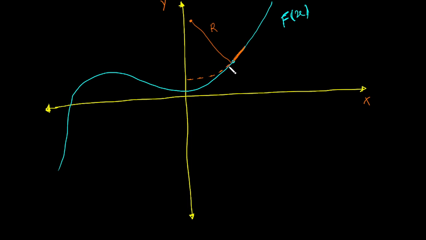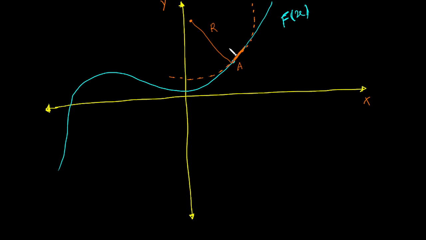It passes exactly through this point and continues like this. Here you can see this circle is touching this point.